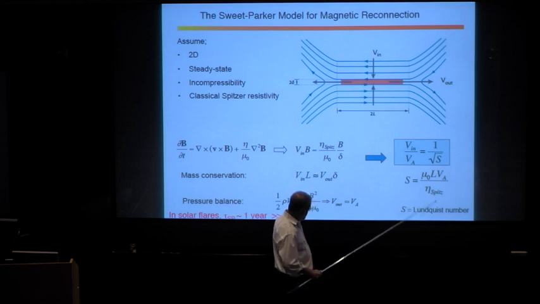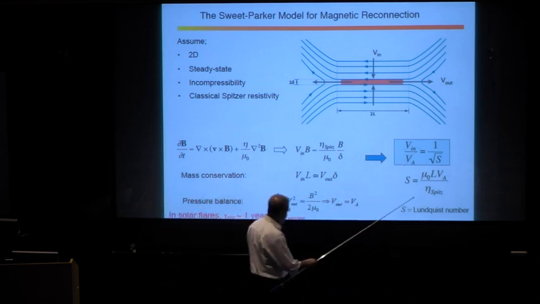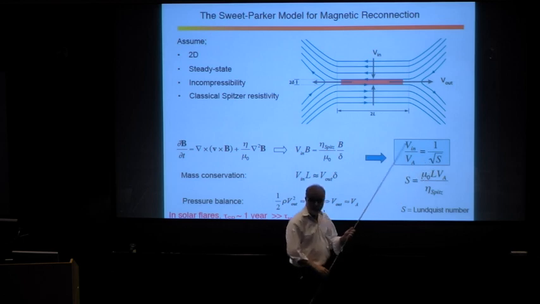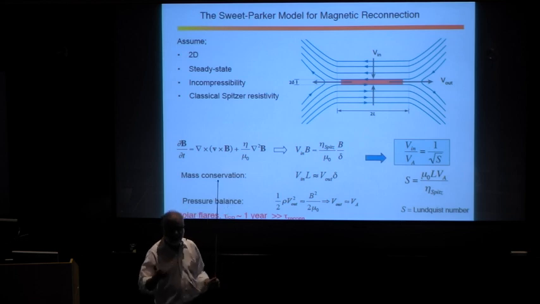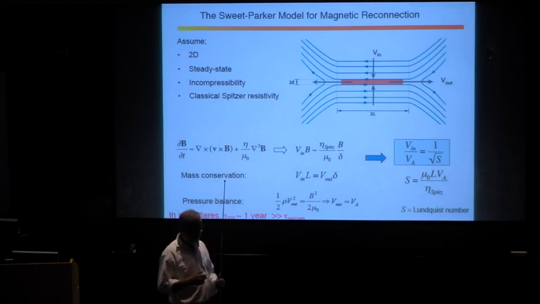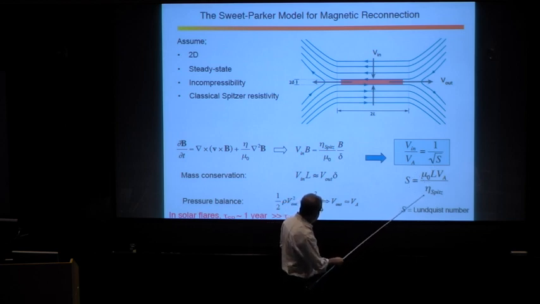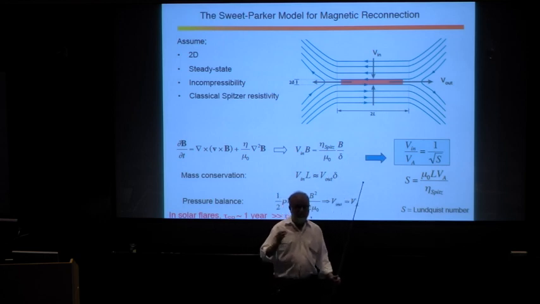This is a dimensionless number, and typically, if you plug in the resistivity and typical system size given by L and VA, it is a very large number. In the solar corona, that number can go from 10 to the power 14 to 10 to the power 18. But notice that this goes like the square root of S, which is really the square root of the resistivity. Square root of the resistivity is a number much larger than resistivity itself.